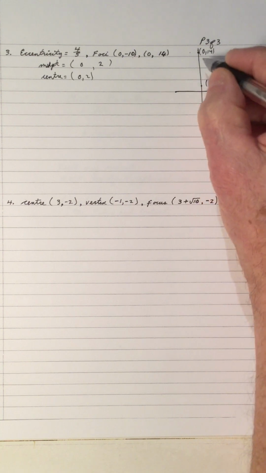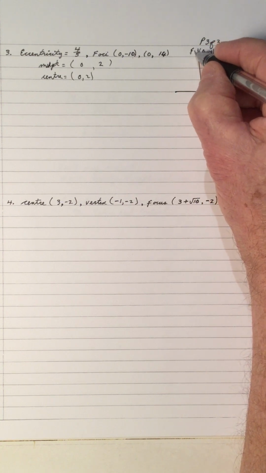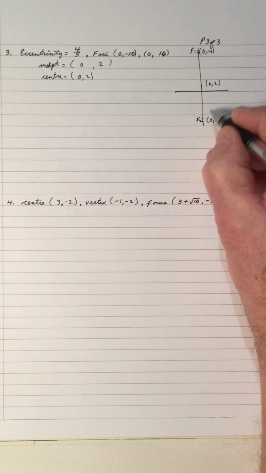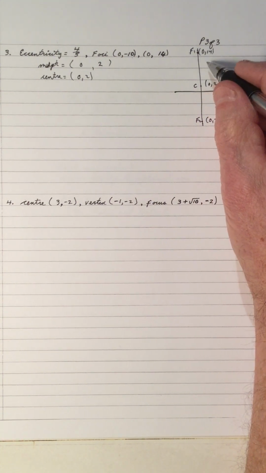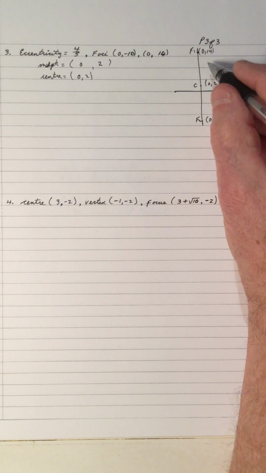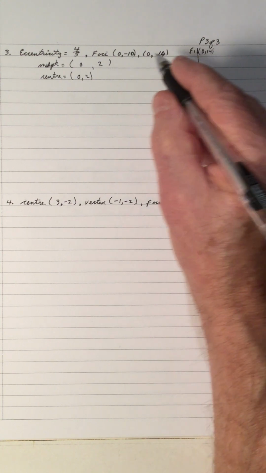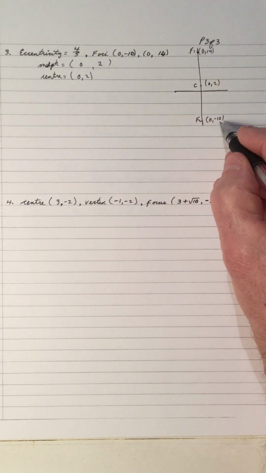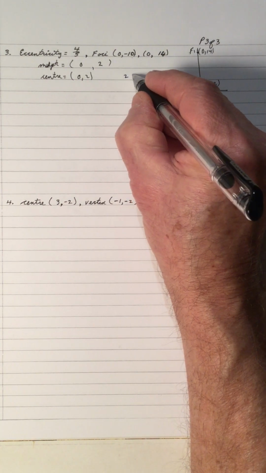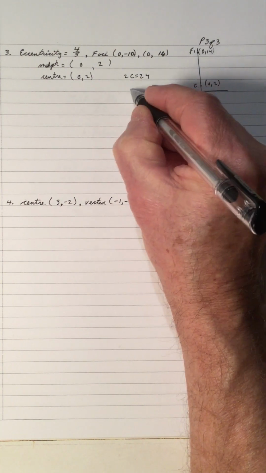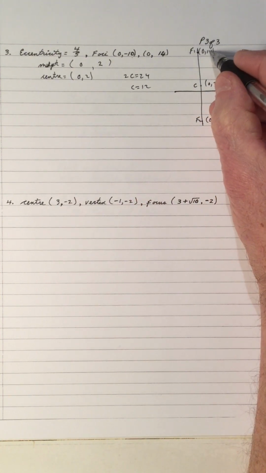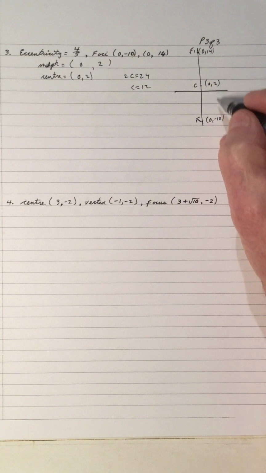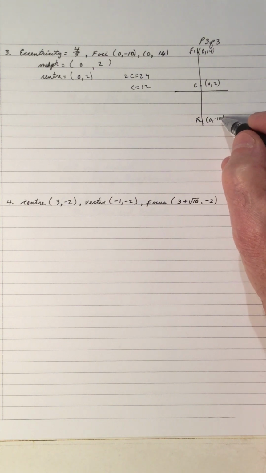So if that's foci 1, and that's foci 2, and this is the center, notice that the C value from 14 to negative 10 is 24. So 2C is 24, C is 12. From the center, from 14 to 2 is 12, from 2 to negative 10 is 12, so C is 12.